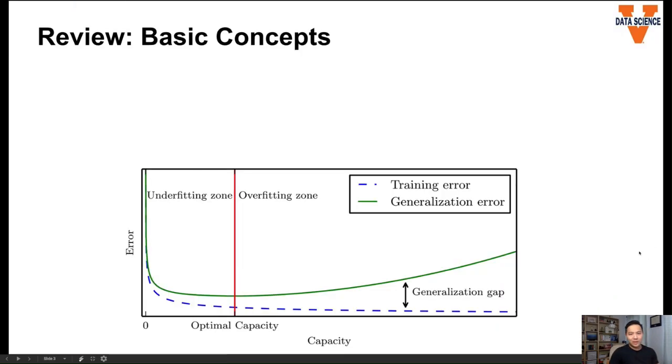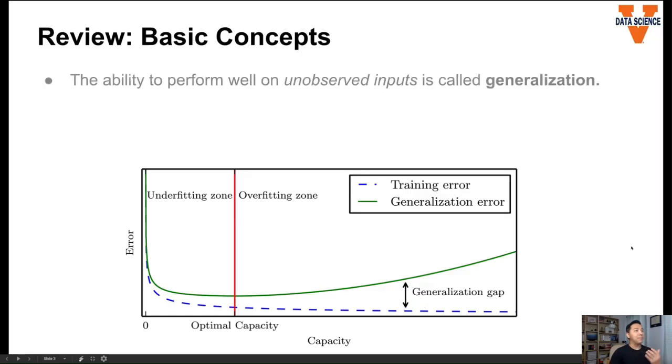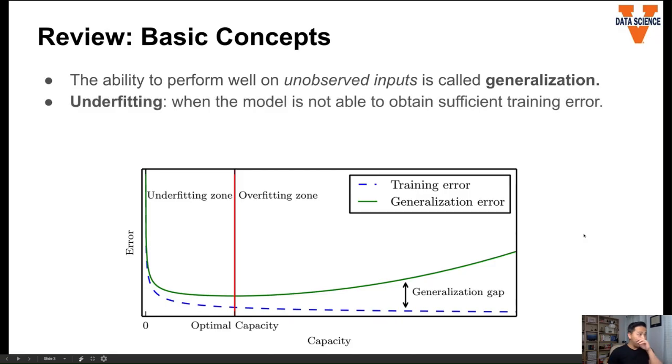First, we'd like to review some basic concepts. The ability to perform well on unobserved inputs is called generalization, and the generalization error refers to the performance of the algorithm on unobserved input data. Underfitting is when the model is not able to obtain sufficiently low training error.